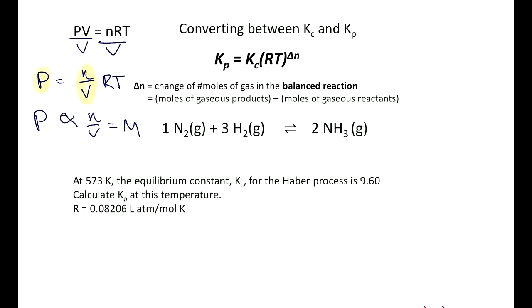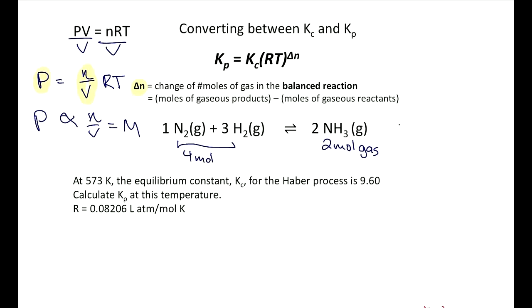So to get delta n, the change in number of moles of a gas sample, all you need to do is count the number of moles of gas on your product side. So here there are 2 moles of gas on the product side, but then how many moles of gas are on my reactant side? 4, perfect, so 4 moles.